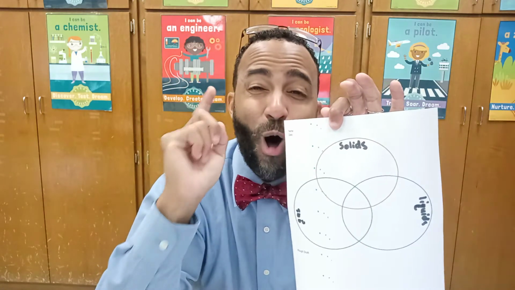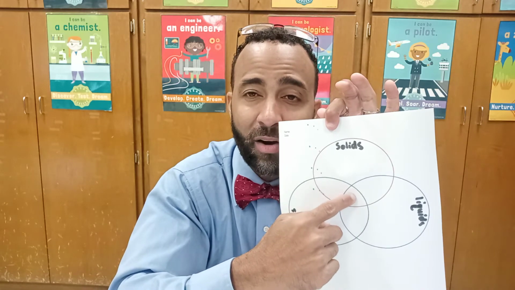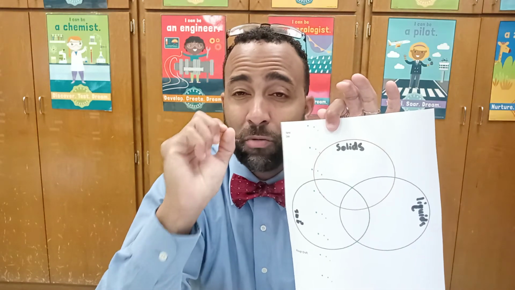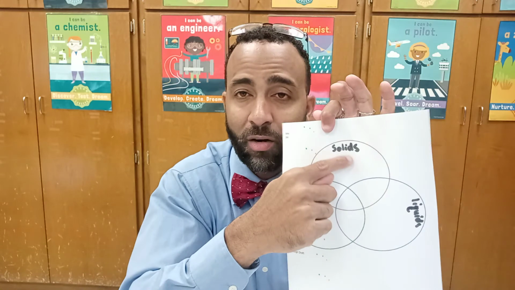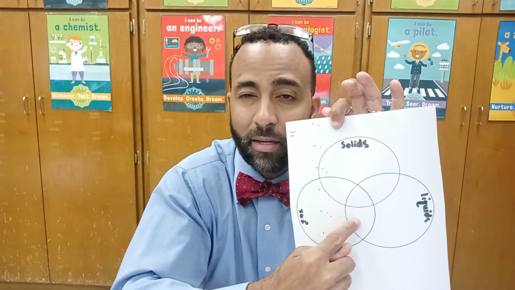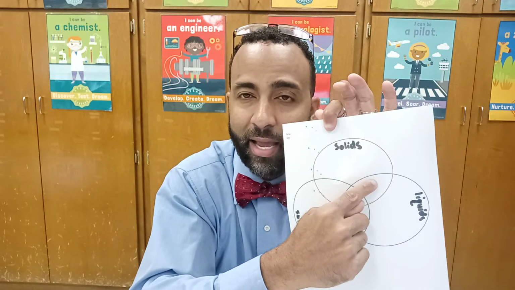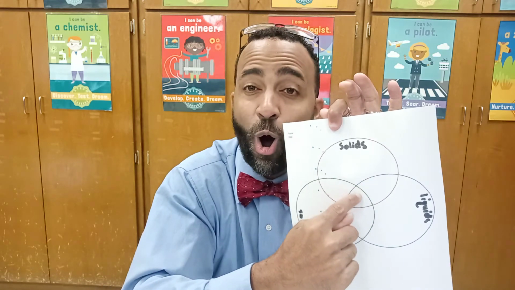And if there is a characteristic that all three have in common, it literally goes right here. That's the way a triple Venn diagram works. Solid only, liquid only, gas only, liquid and gas, liquid and solid, solid and gas, and this is all three.